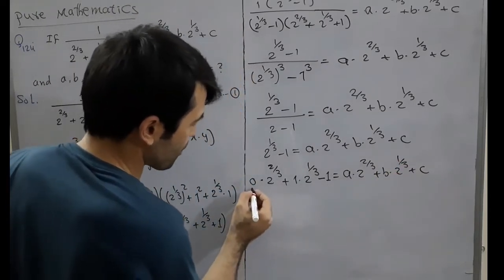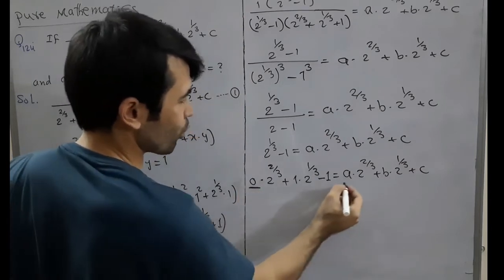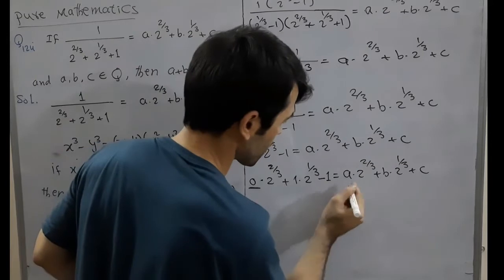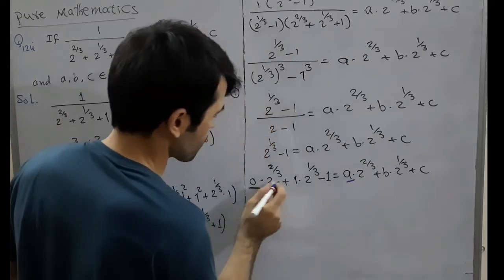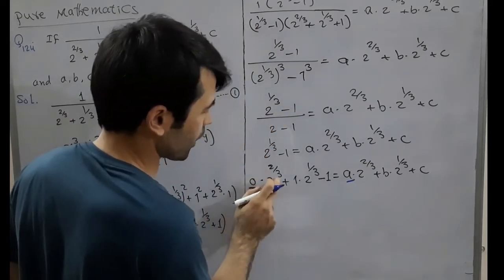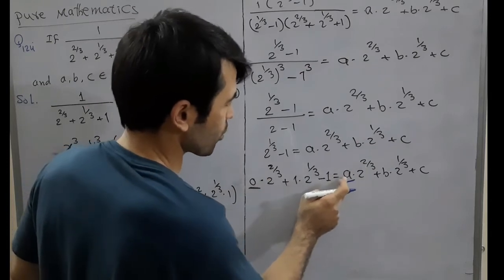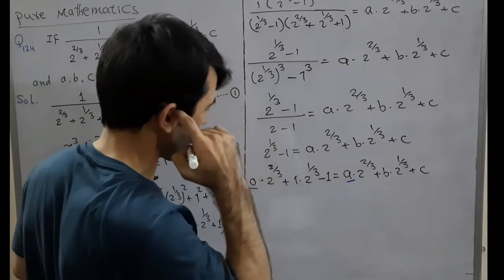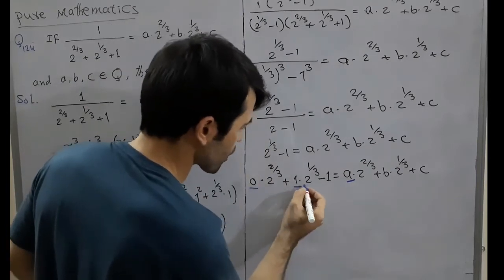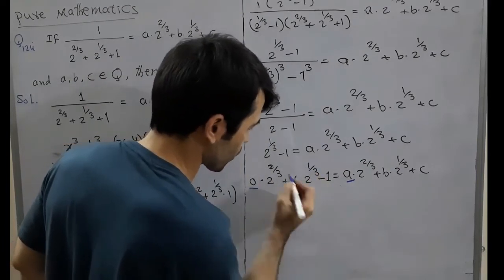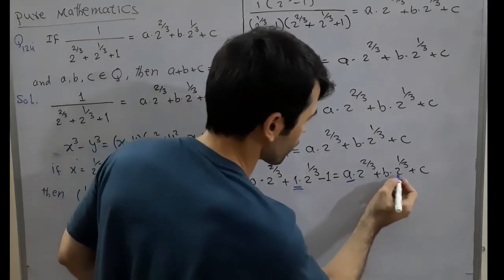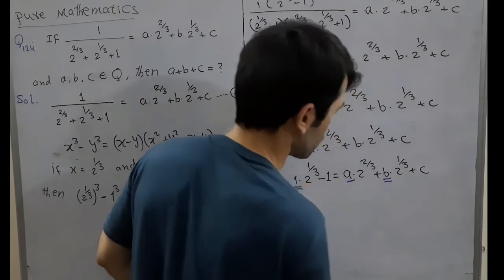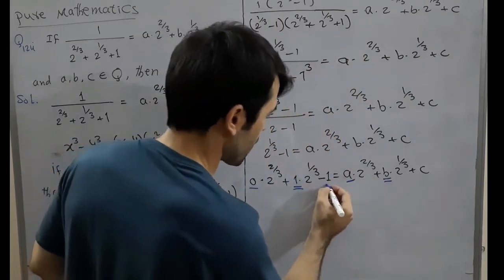If we compare both sides, like terms: here we have 0, here we have a, for 2 to the power 2 over 3. Also the coefficient of 2 to the power 1 over 3 is 1 on one side and b on the other.